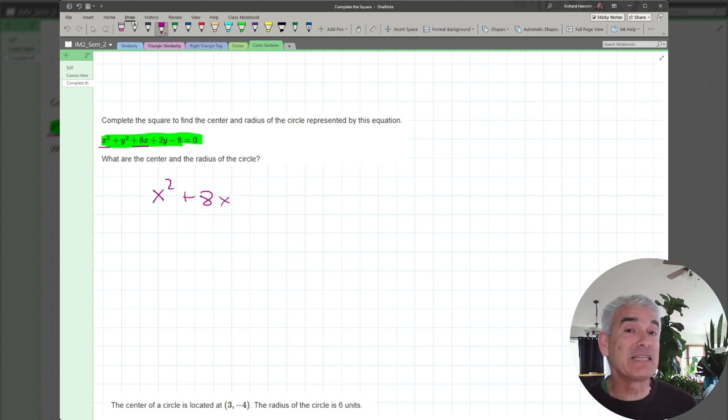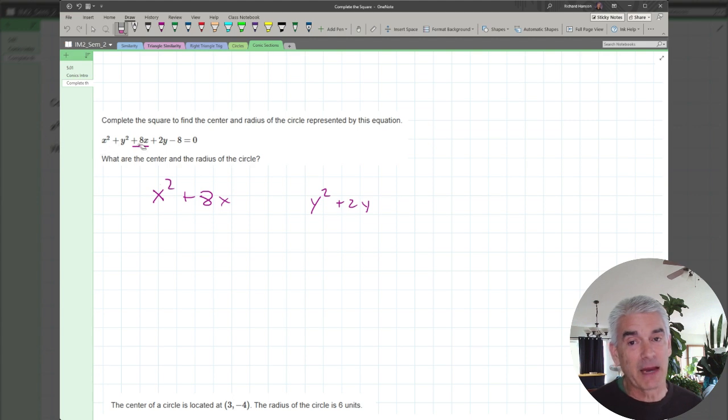I'll be completing 2 squares here. I'm going to gather my y's together: y squared plus 2y. And then anything that doesn't have a variable, like my -8 here, I'm going to get to the other side. So in this case, I will add 8 to both sides. So then I have equals 8. So far, so good.